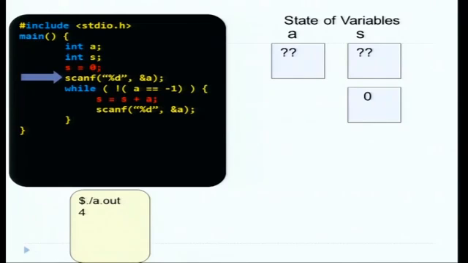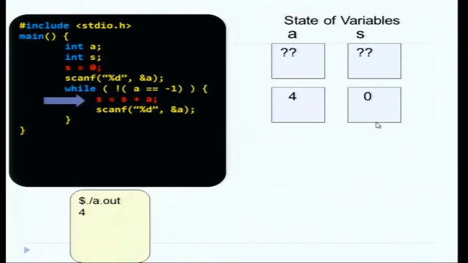So after declaration, a is undefined and s is also undefined. After the statement s equal to 0, s is now 0. And then you scan the variable a. So a becomes 4 because 4 was the input, and s is still 0.